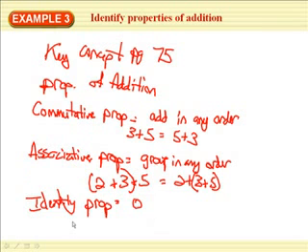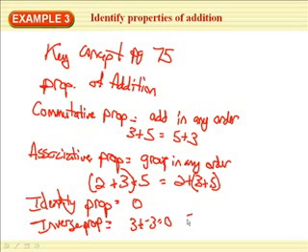And then the inverse property is when you add a number and its opposite, it's always 0. 3 plus negative 3 is always 0. 5 plus negative 5 is always 0. So a number and its negative, or its opposite, is always 0. Okay, so let's identify some of these.